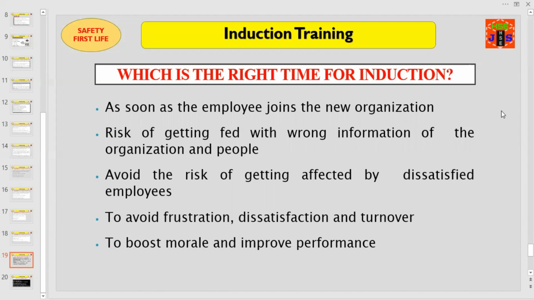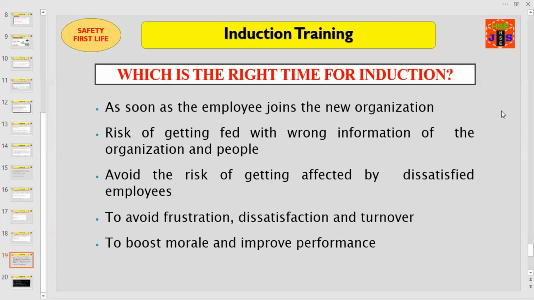Point number three, avoid the risk of getting affected by dissatisfied employees. Number four, to avoid frustration, dissatisfaction, and turnover. And number five, to boost morale and improve performance.